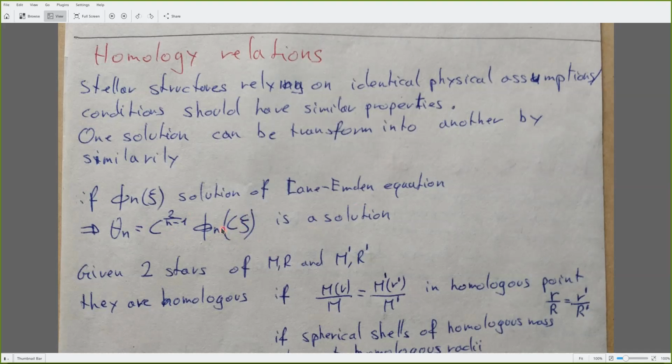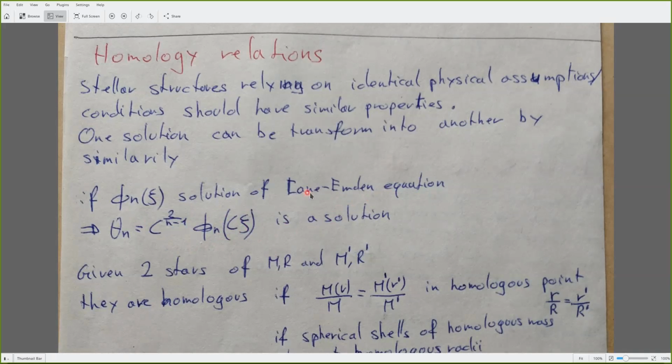If you put this equation inside the Lane-Emden equation, at the end, you'll get again the classical equation without the constant, because it's taken away from the equation.